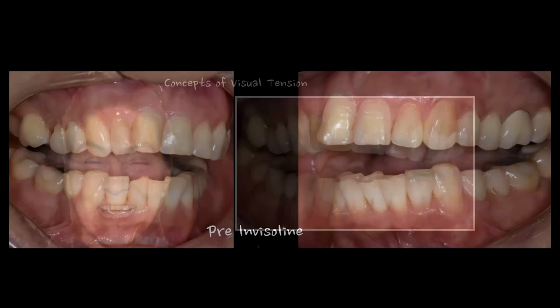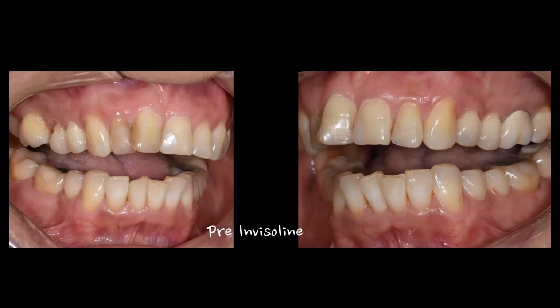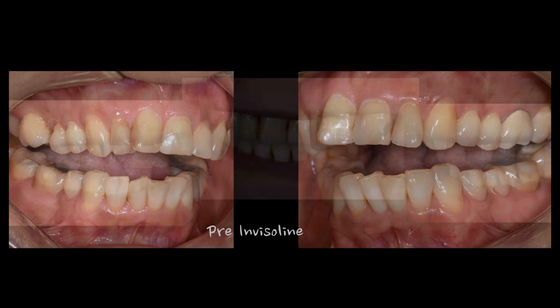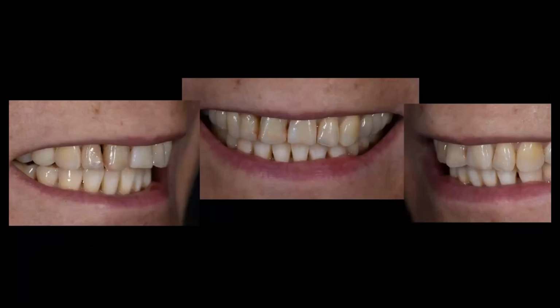So we're going to put her into some Invisalign and start to move these teeth around, rotate, try to extrude some of the teeth a little bit, rotate the teeth out so we could save some tooth structure and move things around. And once we got her into the best point we could, after a period of time, we decided, okay, to start going forward with the crown and bridge aspects of it.